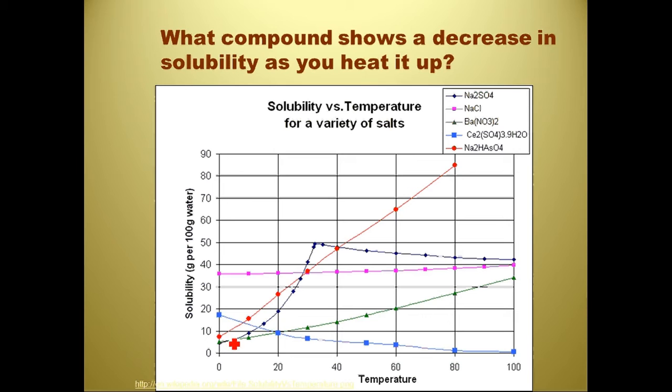And then also, it looks like this dark blue line goes up and then it bounces here and becomes less soluble as the temperature increases. Now, this is a slightly weird thing to do. Sodium sulfate is kind of odd because most things, if they're going to increase, continue to increase. They don't decrease all of a sudden.